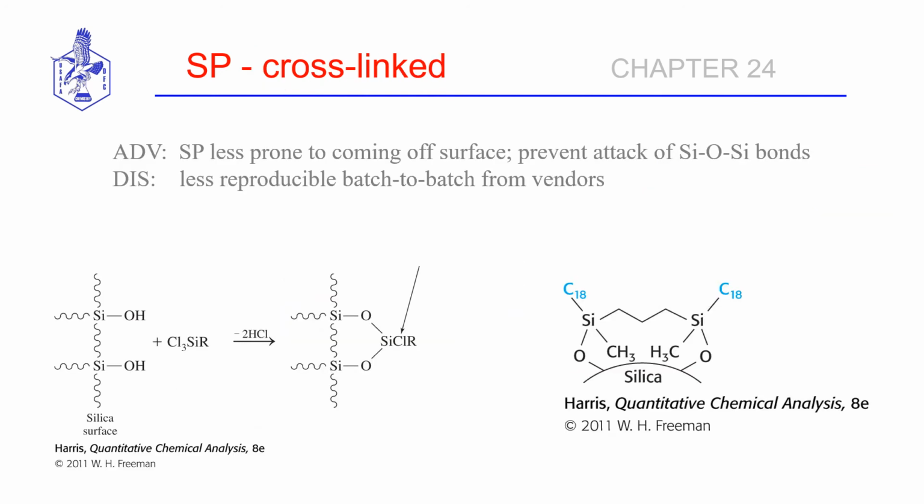One option you have when you choose your column for your HPLC separations is whether or not the stationary phase is cross-linked or not.